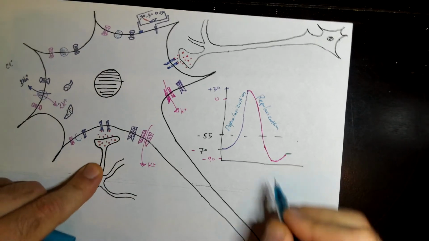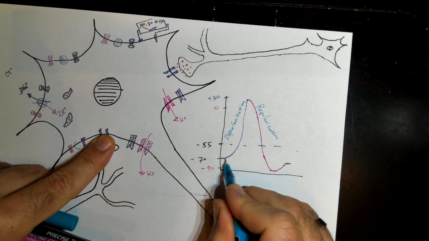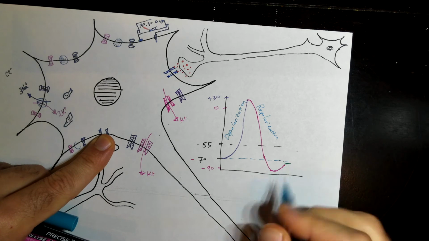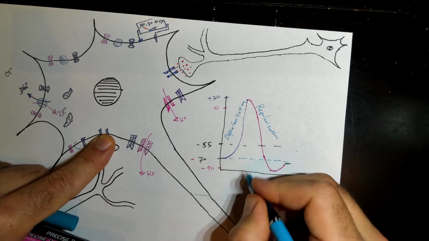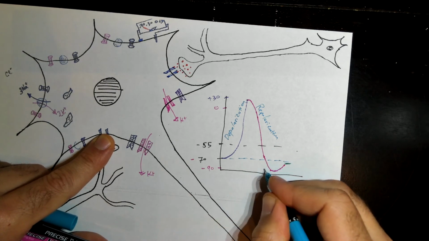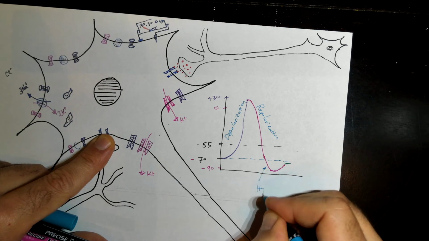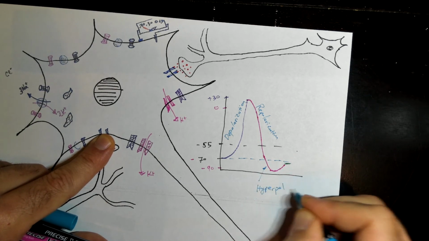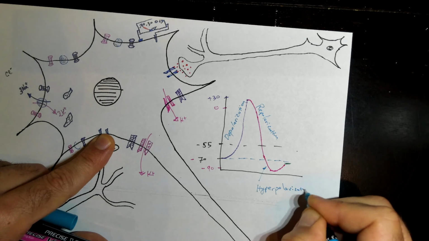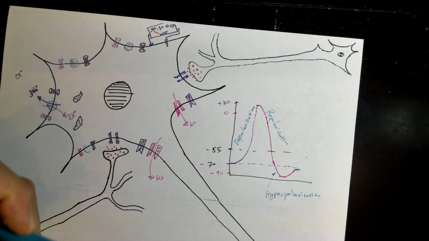This part of the curve where it overshoots and goes past that resting membrane potential of minus 70, we call this part the hyperpolarization. But then it does reset to the resting membrane potential eventually, and then it can do it again.